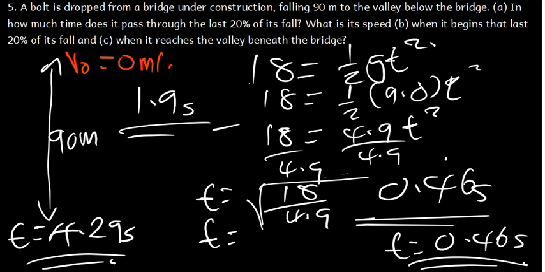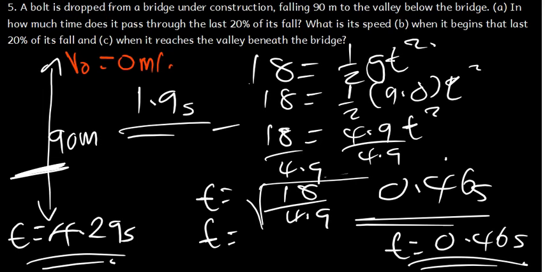But when it begins that last 20%, meaning the 20% starting from this point going down here, it is the same as finding the time which is 80%. So in that case, we found that when it was 80%, the time was 3.83.